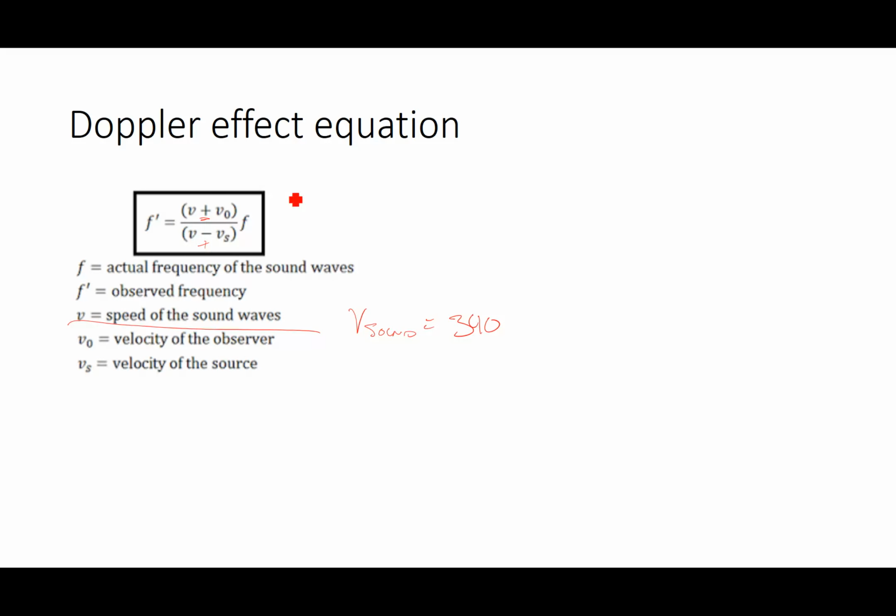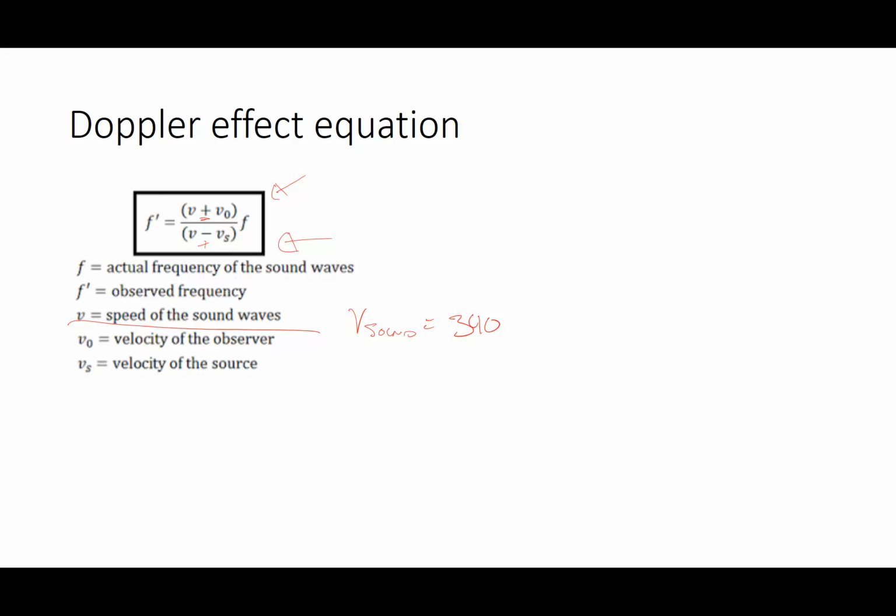So you would want your numerator to be greater than the denominator. So the velocity of the source would have to be subtracted. So every time it comes towards you, you subtract it. Every time it's going away from you, you would add it. Likewise, if you were going towards it, you would also want the numerator to be higher, so you would add when you're going towards it, and when you're running away from it, you would subtract.